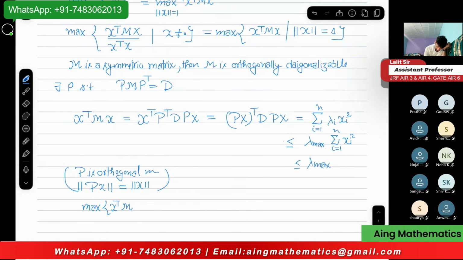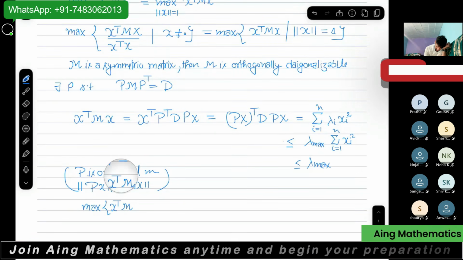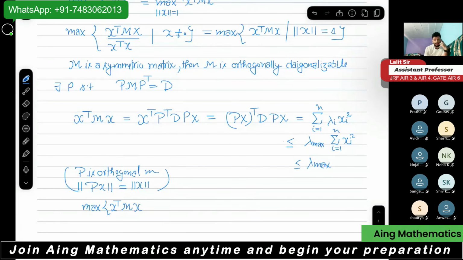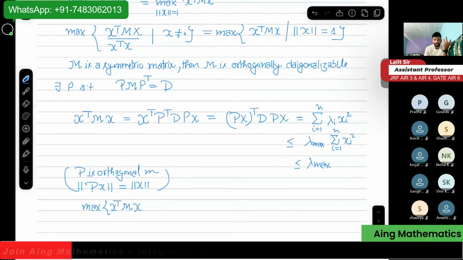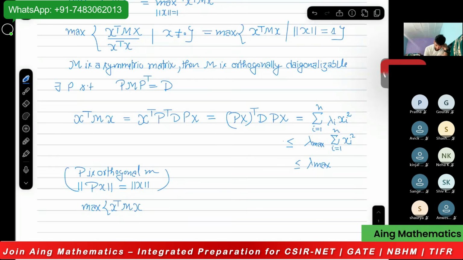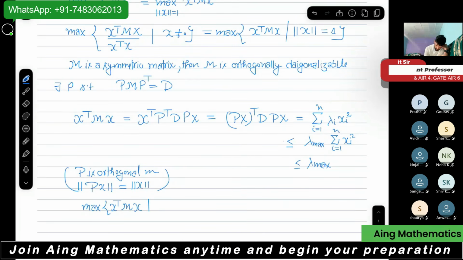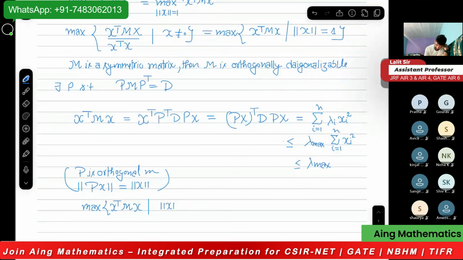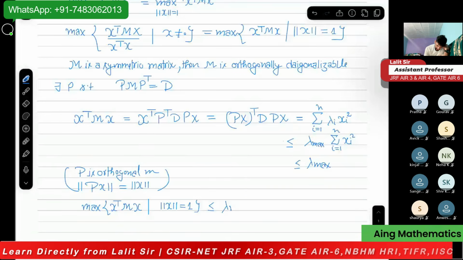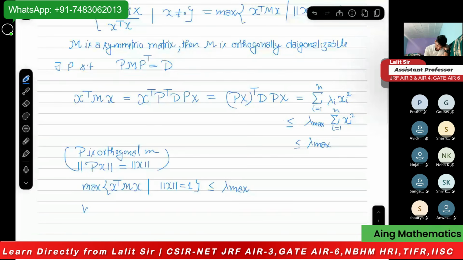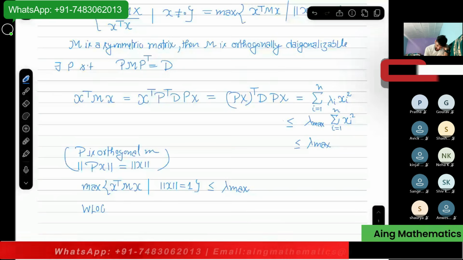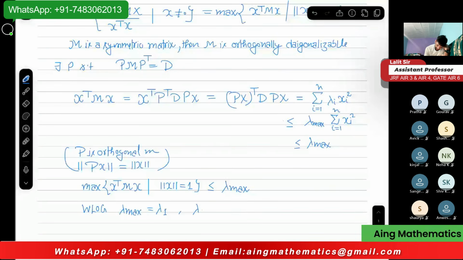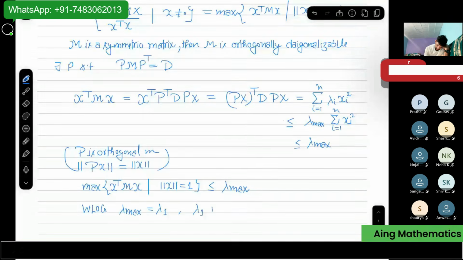So we can assume that lambda 1 is maximum, without loss of generality, right? So what will come? This will be, for norm x equal to 1, less than or equal to lambda max, and without loss of generality, lambda max equals lambda 1. So lambda 1 is attained at E1.